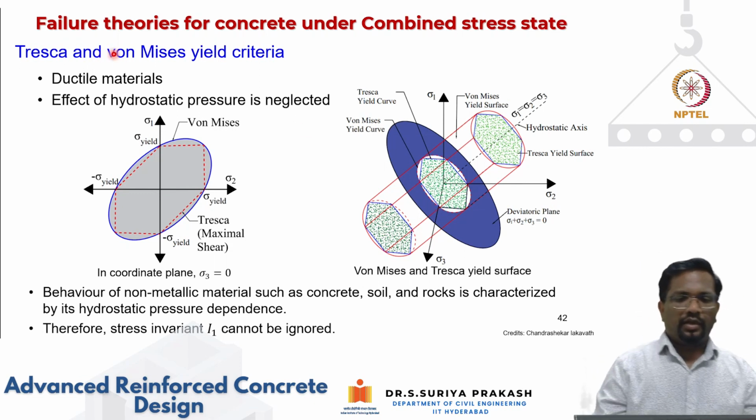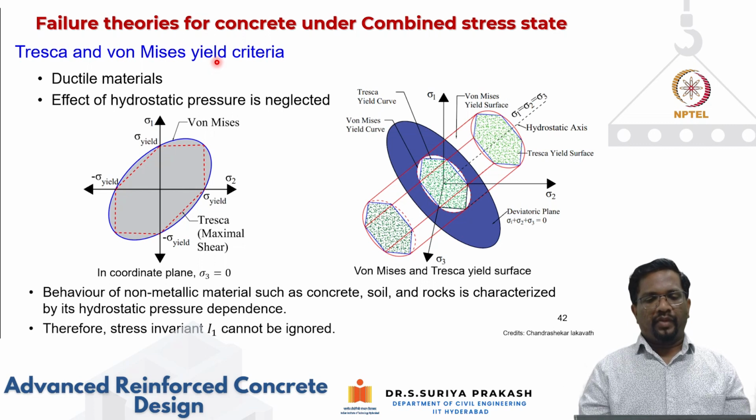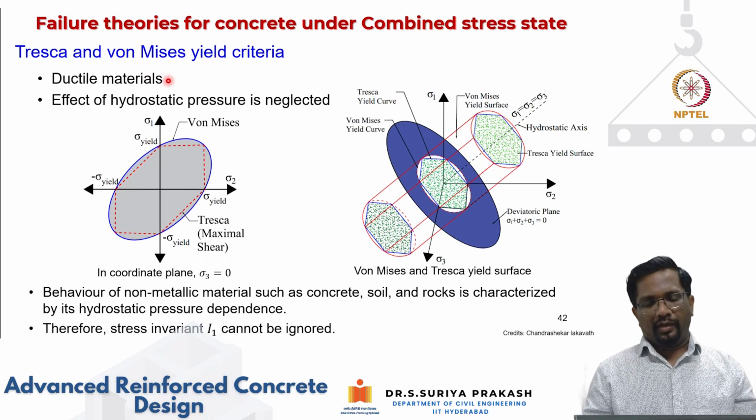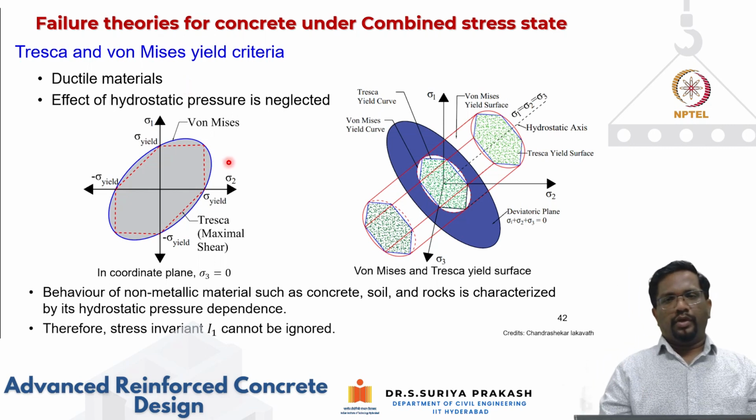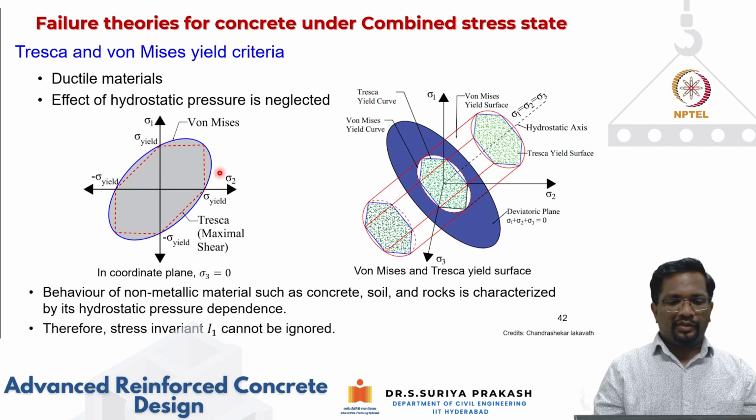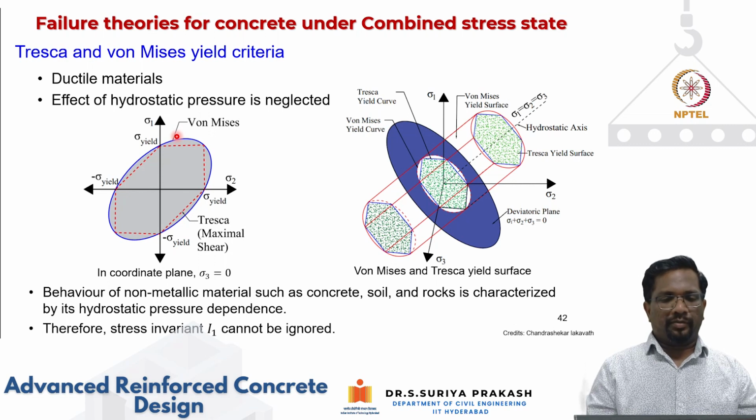The Tresca and von Mises yield criteria are valid for ductile materials, where the failure is initiated by plastic deformation that happens in metals. If you look at the principal stress plane, for example the sigma 1, sigma 2 plane, for ductile materials like metals the failure is governed by the shearing that happens.